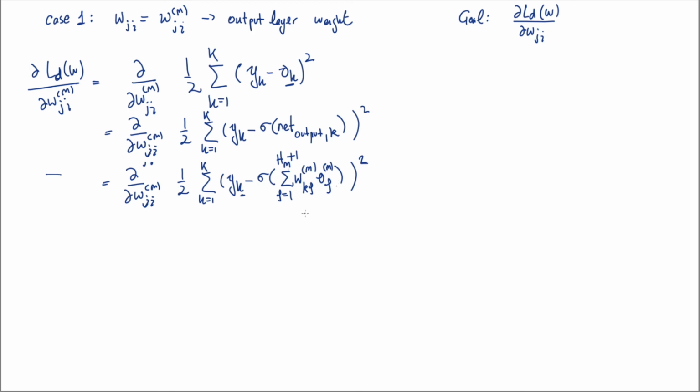The reason I'm writing it out in so much detail is because I want you to notice that we're taking the derivative with respect to Wji^m. That means you can throw away basically everything not to do with the jth output, because the derivative of Wk with respect to this ji term is going to be 0.